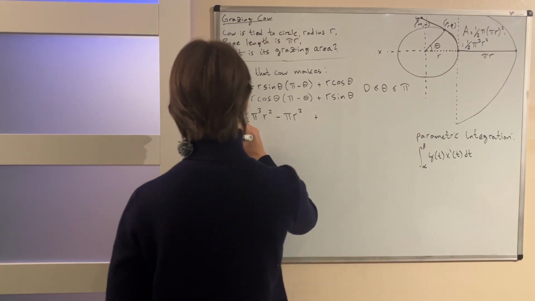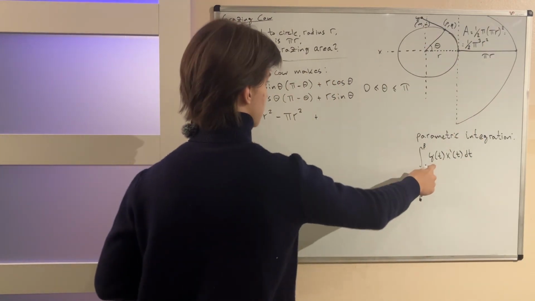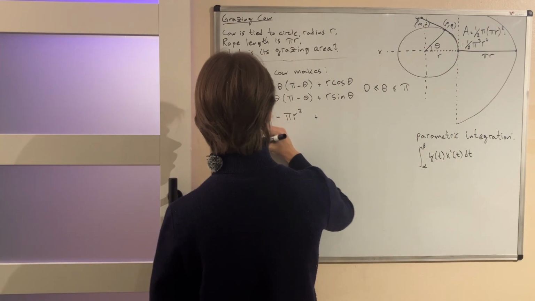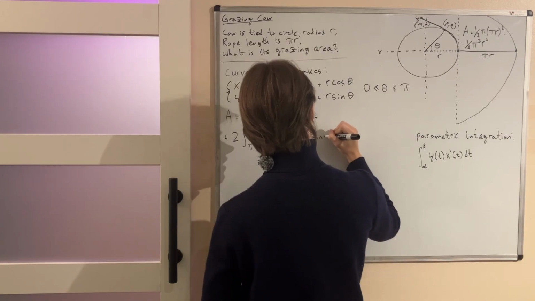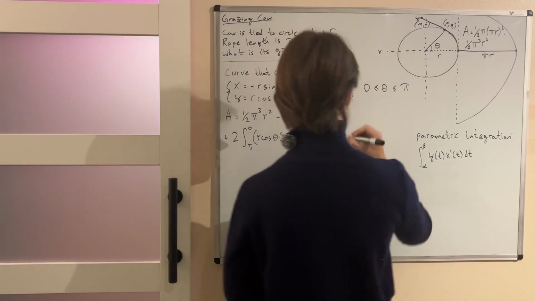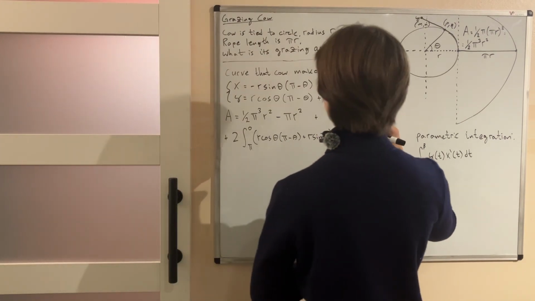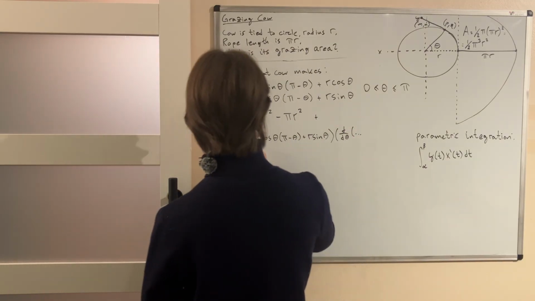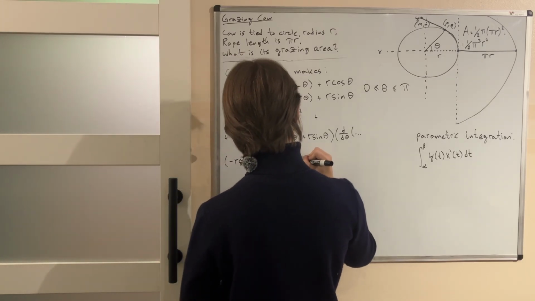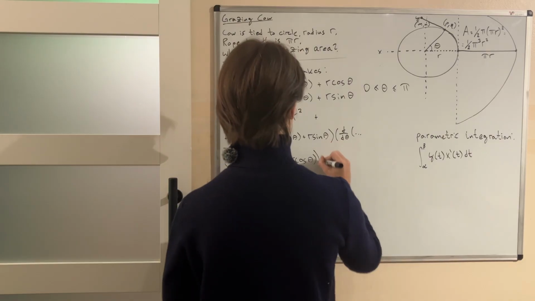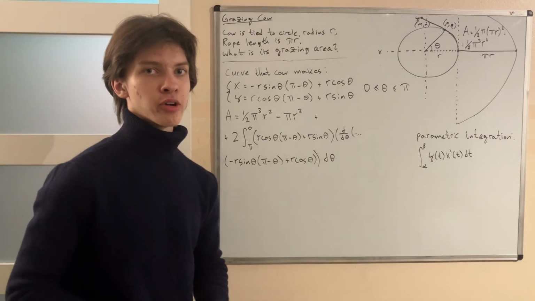And then we add twice the integral from pi to 0, because again we're going to the right, remember the parametric integration theorem: we have r cosine of theta times pi minus theta plus r sine of theta, and this is all times the derivative of this, which I'll have to write a couple spaces down: minus r sine of theta times pi minus theta plus r cosine of theta, all in brackets and multiplied, d theta. So this is going to be our area.